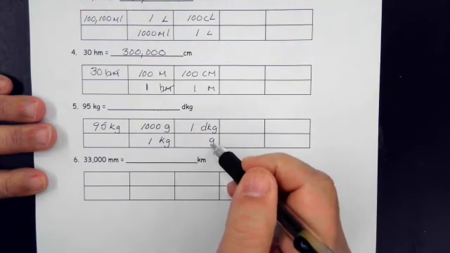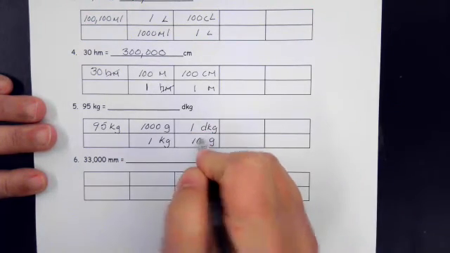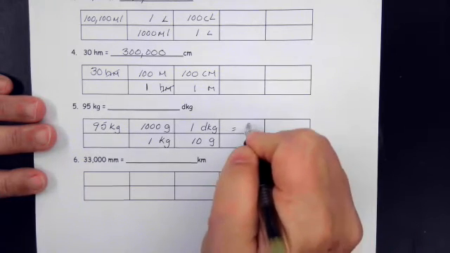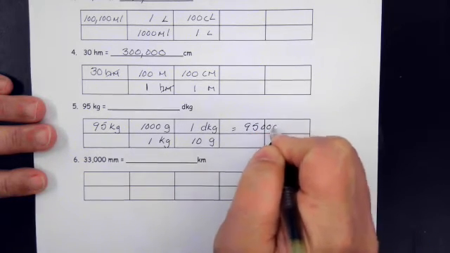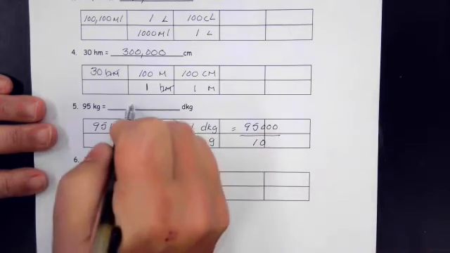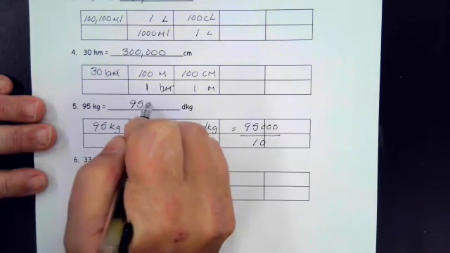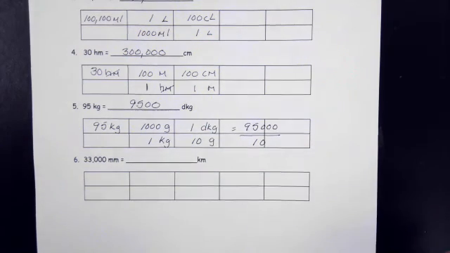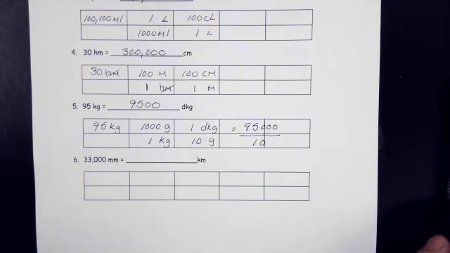How many grams are in a decagram? 10. So we're going to multiply across the top. So we get 95,000, and we're going to divide by 10. So our answer is 9,500. Okay, so hopefully that clarifies some questions.